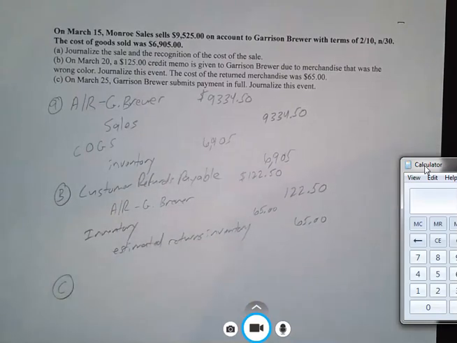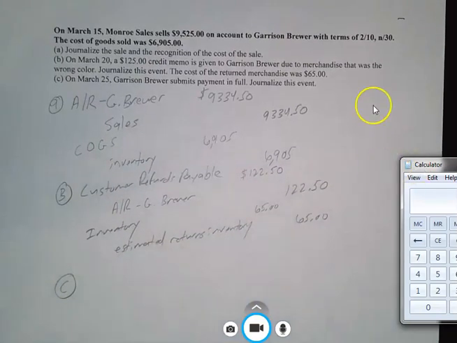And then we have one more requirement here. Let's see what it says. It says, on March the 25th, Garrison Brewer submits payment in full, journalize this event.